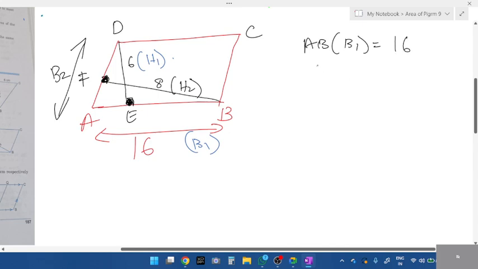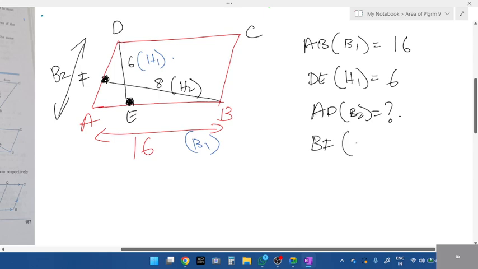Next, what is the corresponding height? DE. Write the statement: DE is your H1, that is 6. Next, AD is B2. That is what we need to find, right? BF is equal to H2.